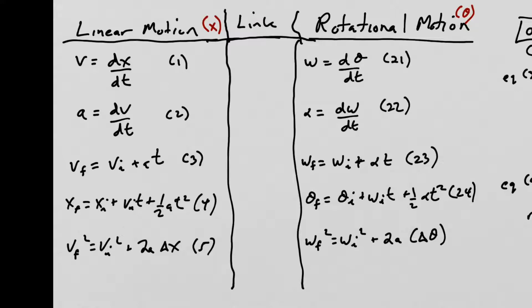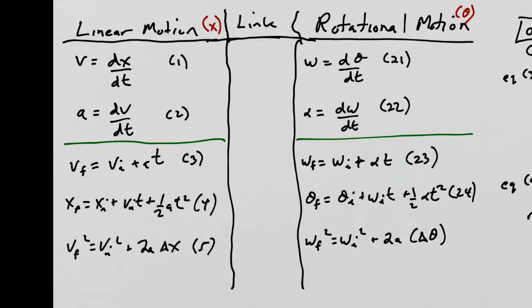Then we were able to say that equation 1 and 2, and therefore 21 and 22, knowing functions of theta is the same as knowing functions for x in linear motion. Knowing functions for omega is the same as knowing functions for velocity in linear motion. Then, just like in linear motion, for when we have constant acceleration, equations 3, 4, and 5 hold true, whereas equations 23, 24, and 25 hold true for constant angular acceleration, alpha.